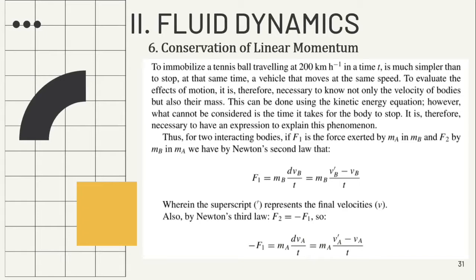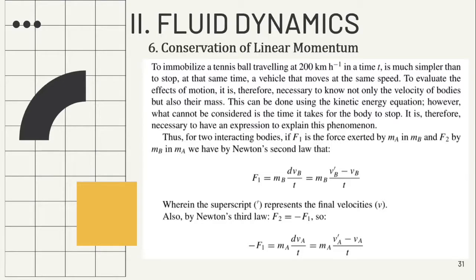Number 6. Conservation of linear momentum. To immobilize a tennis ball traveling at 200 km/h is simpler than to stop, in the same time, a vehicle that moves at the same speed. To evaluate the effects of motion, it is therefore necessary to know not only the velocity of the bodies but also their mass. This can be done using the kinetic energy equation.